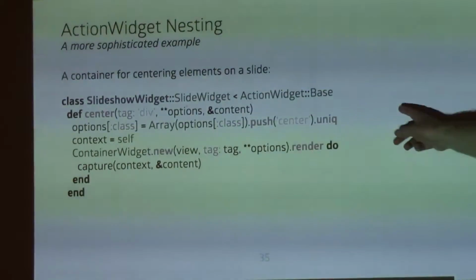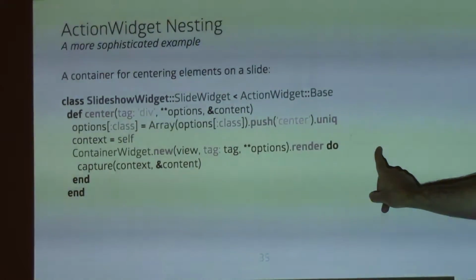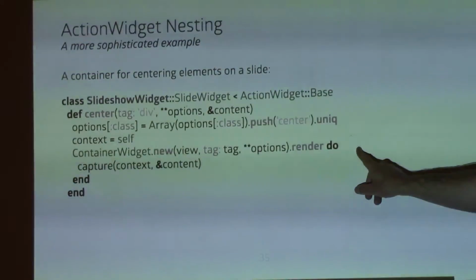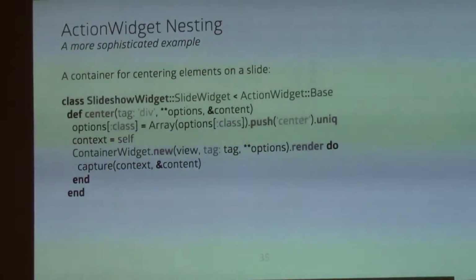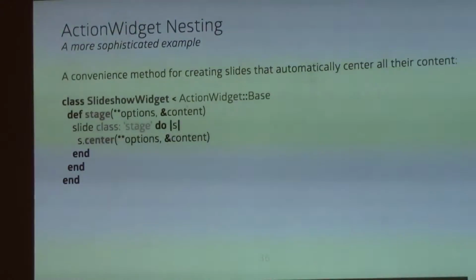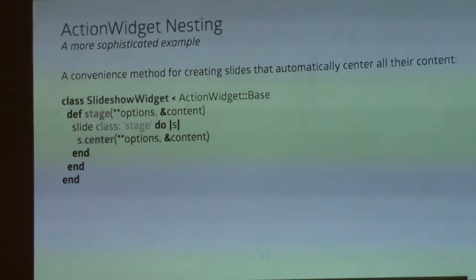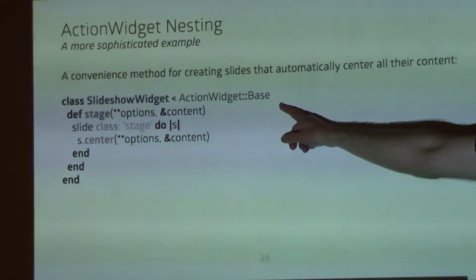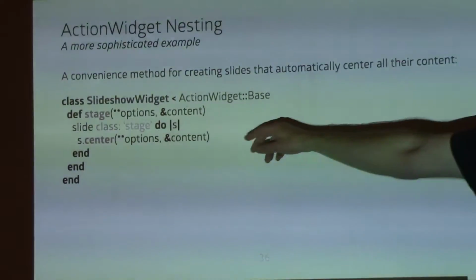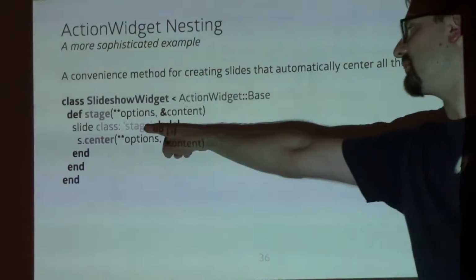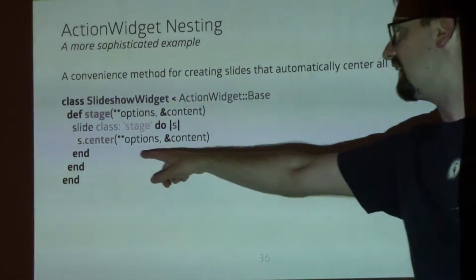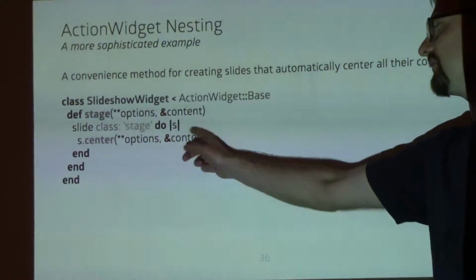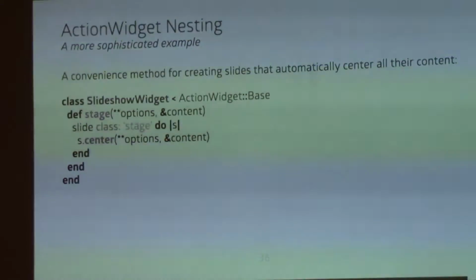And here's, for instance, one that can be used to center content on the slide. Then I have these stage slides, which render the green slides, and essentially all they do is assign a particular CSS class, which does all the styling, and then they center all the content that you provide to the slide.